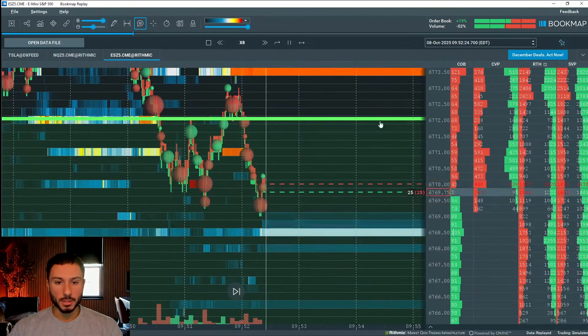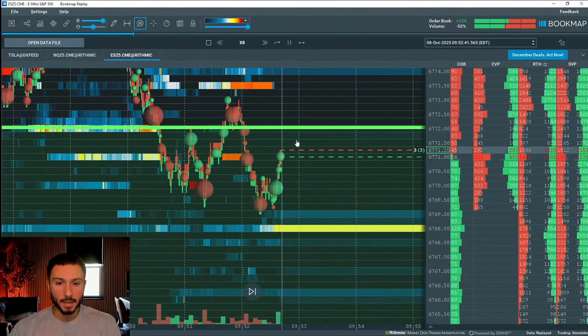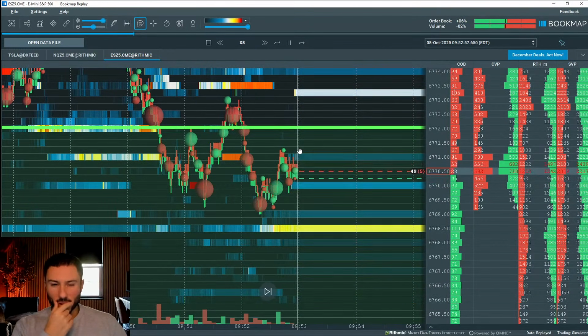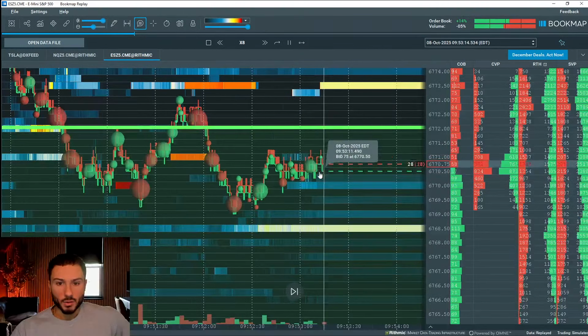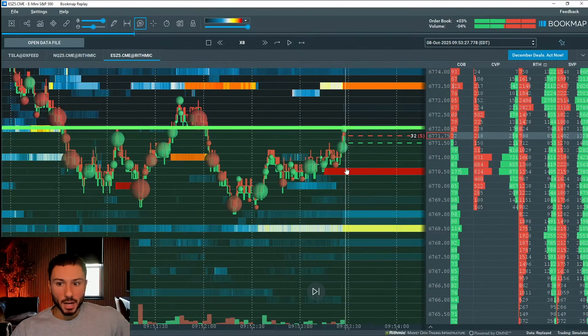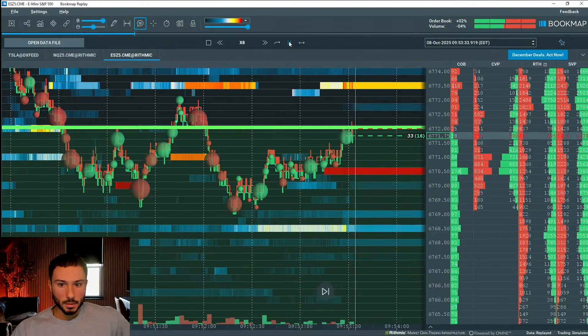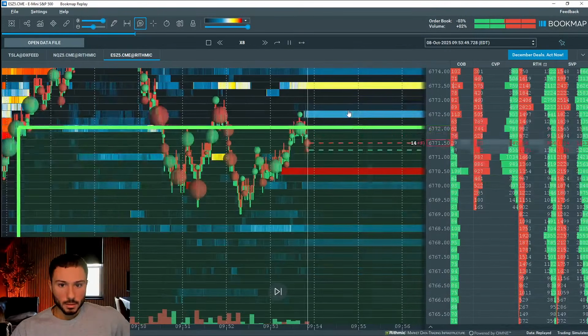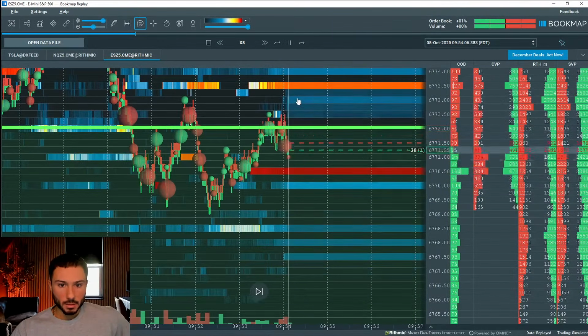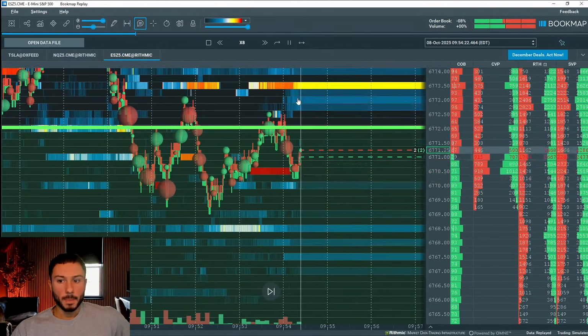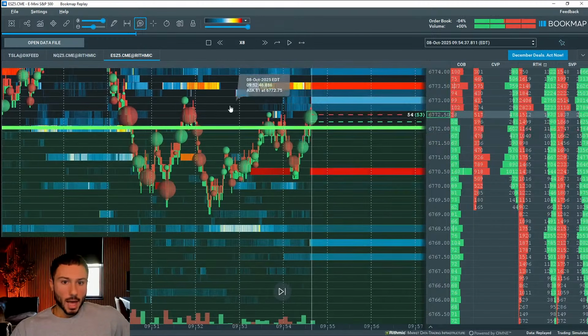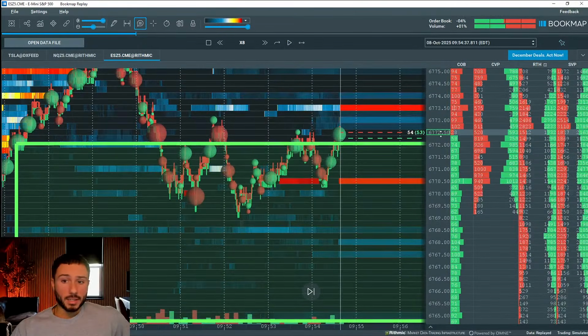This bid fills, and watch, we're going to consolidate here, we're going to lift, and then you're going to see something really significant here. Okay, right here, 177 contracts come in. We're going to pull back into it. This bid's going to fill, and right here, I'm like, all right, this is good enough for me.